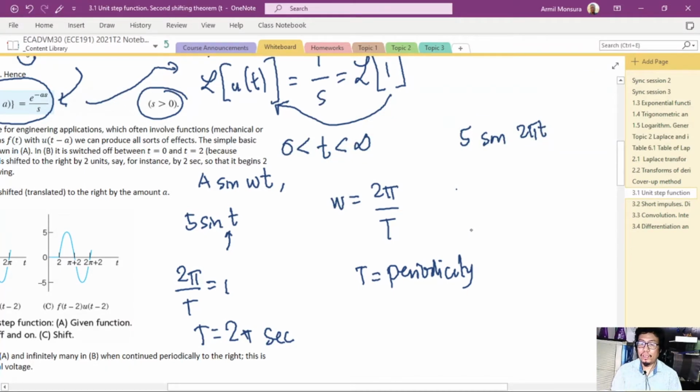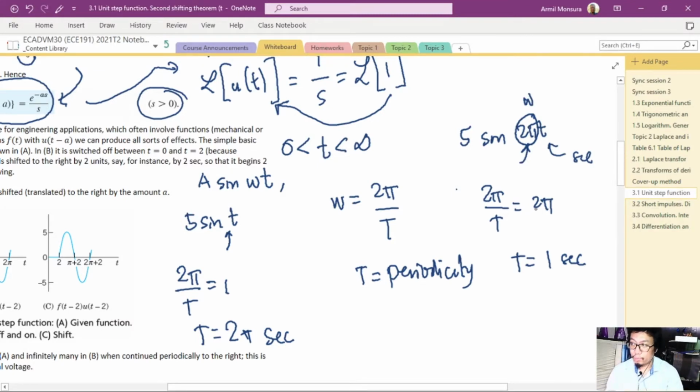This scaling factor, which is omega, or 2 pi over uppercase T, is equal to 2 pi, and that would now make your periodicity equal to 1 second, again assuming that the time here is in seconds. So it means that every 1 second your signal would repeat.